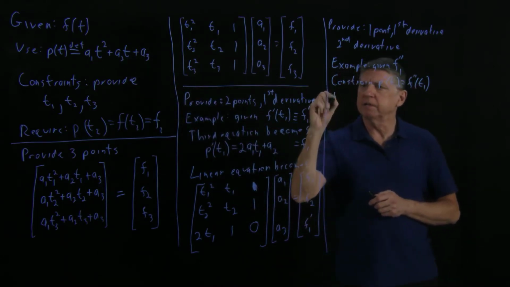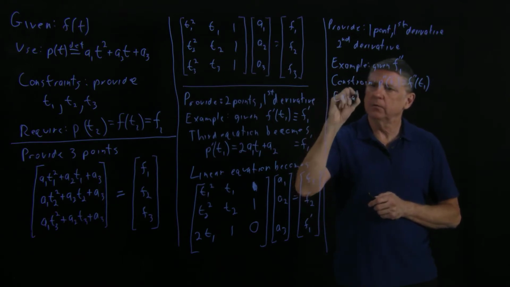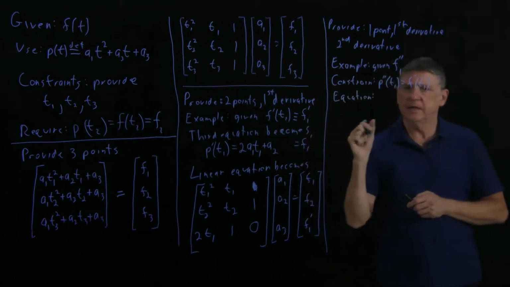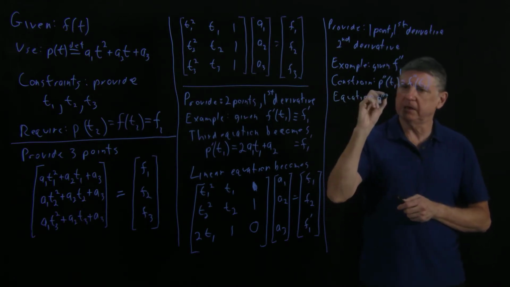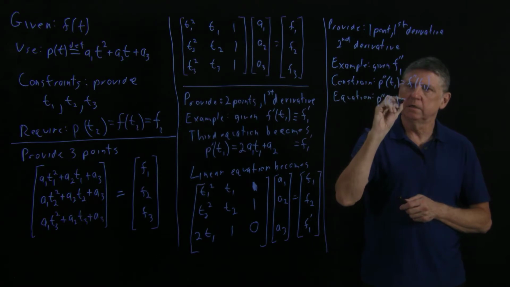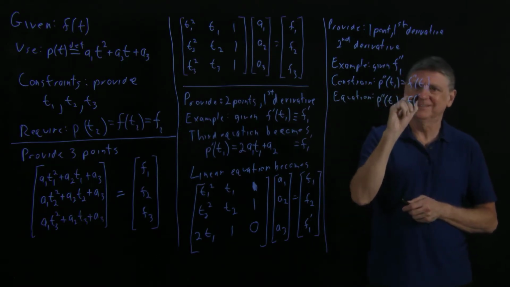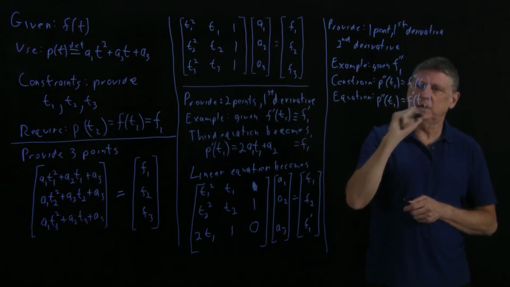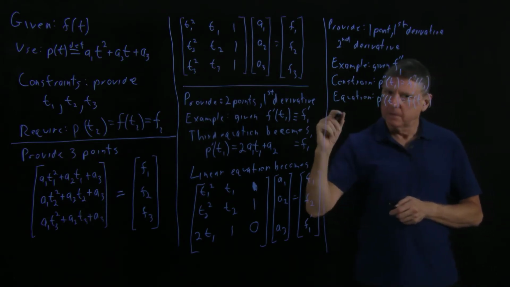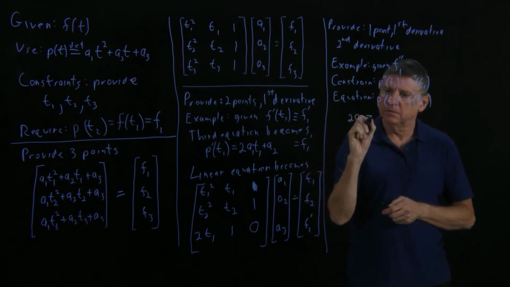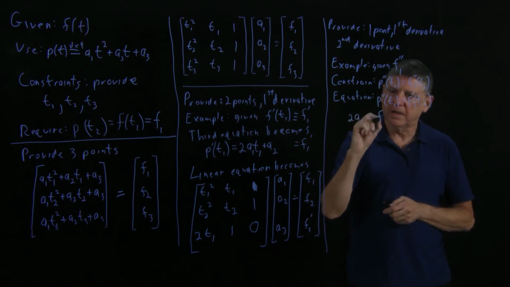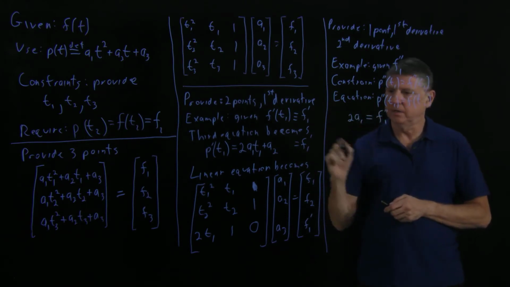So the equation that we need to add is we need the second derivative of P evaluated at T1 to be equal, oh, we've already written that, haven't we? At T1. So we need 2 times A1 to be equal to F double prime evaluated at t1.